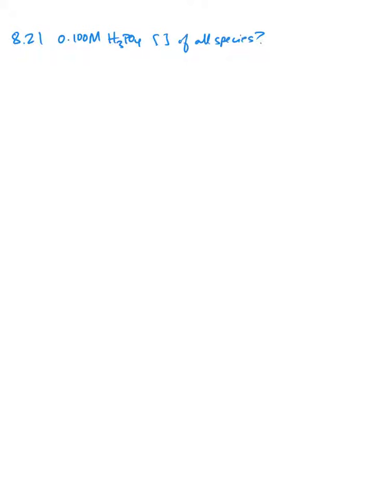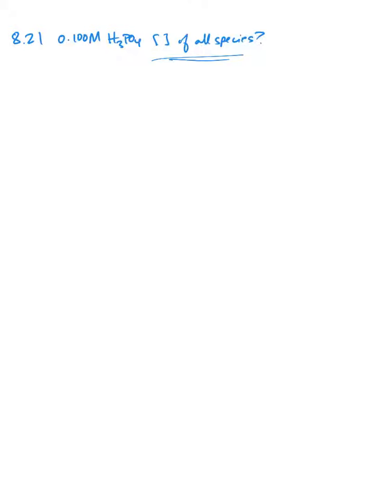Let's take a look at another weak acid. This one is a polyprotic acid, and really this is kind of the ultimate version of accounting for all the ionic species. I asked you to use your reading assignment of example 8.2 to look at carbonic acid and take what you learned from that into this problem.